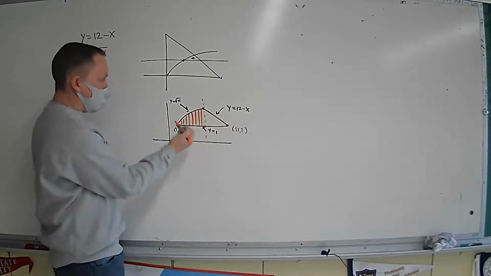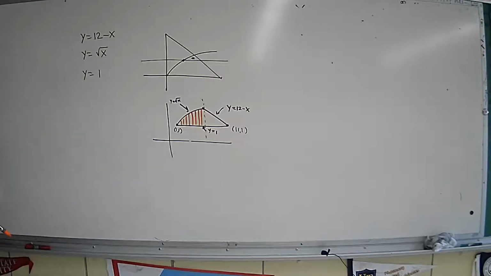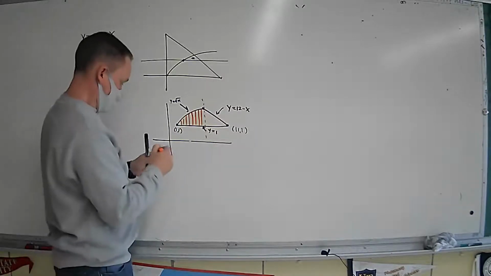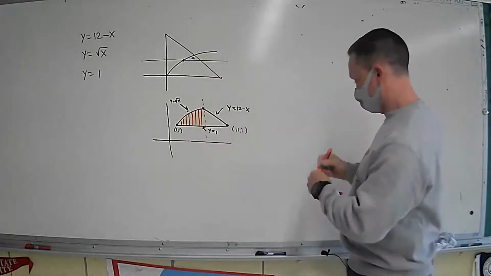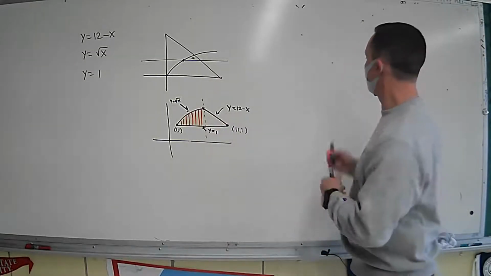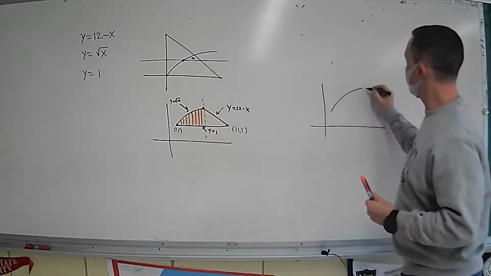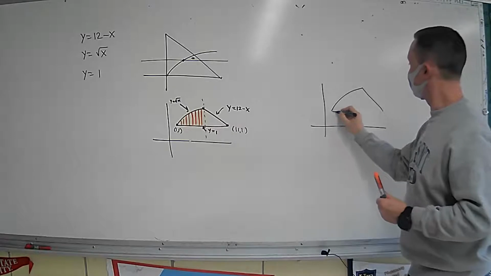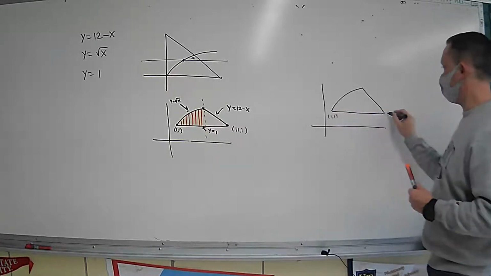Whereas if I try to do it the other way, it's not necessarily, okay? Now, I could do this. I'm going to redraw it again. So this is 1, 1.